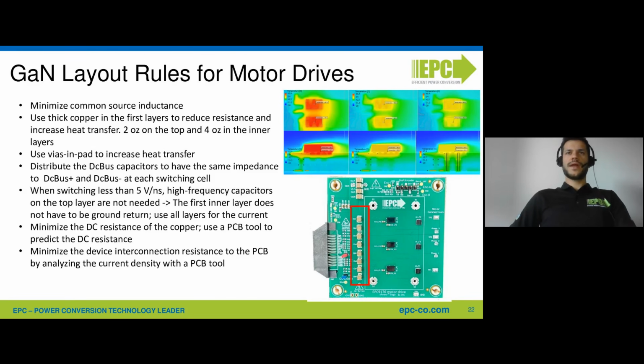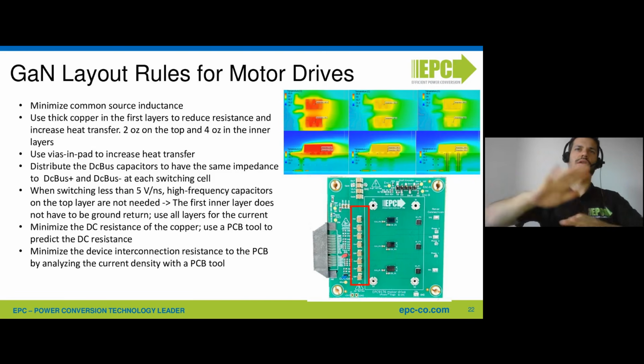So when interleaving properly the polygons in the layers between the positive and negative DC bus connections, a distributed capacitance is spread all around the PCB.